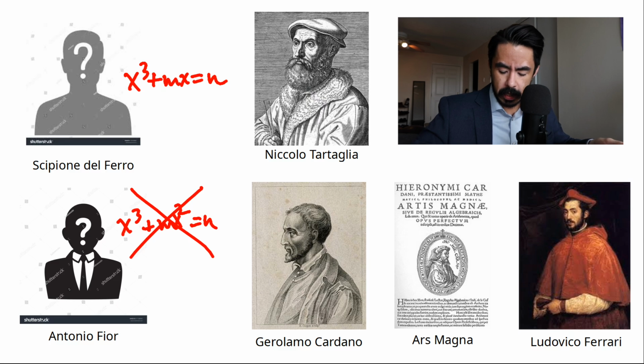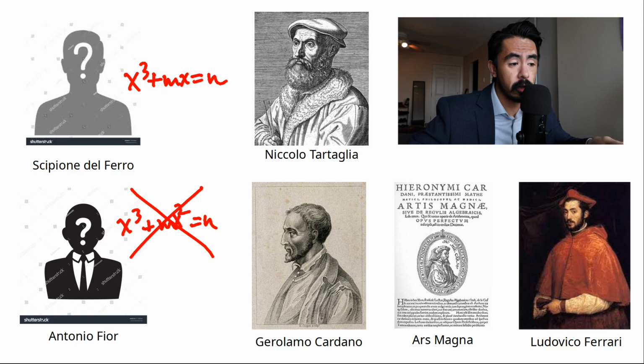And specifically, Cardano noted in the finally published Ars Magna that Tartaglia's method sometimes required calculations with square roots of negative numbers, and he showed calculations of how to extract these square roots of negative numbers.